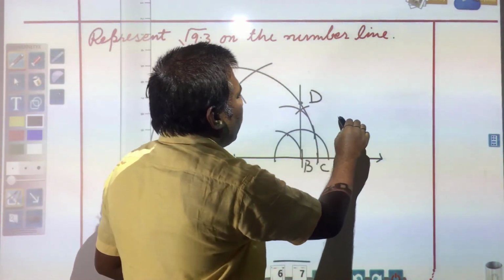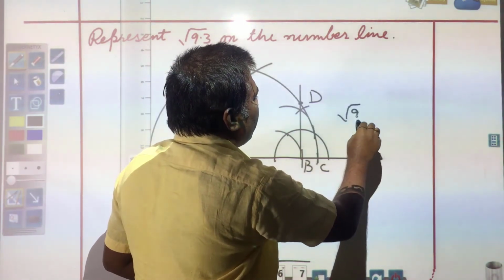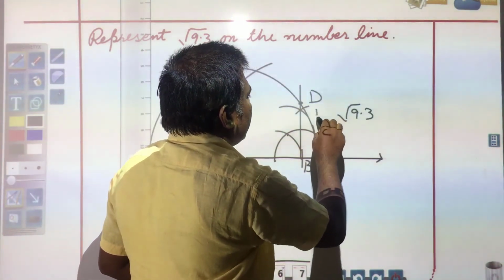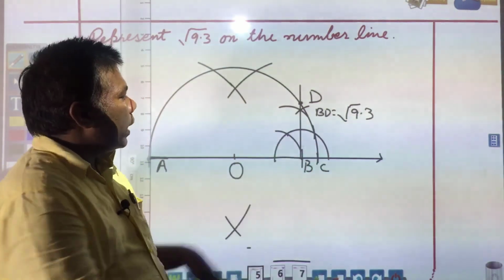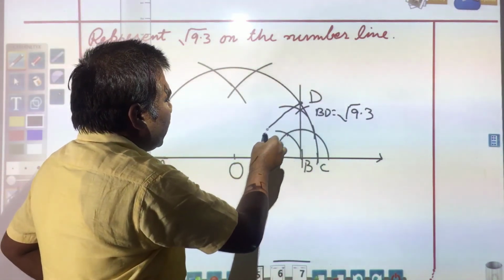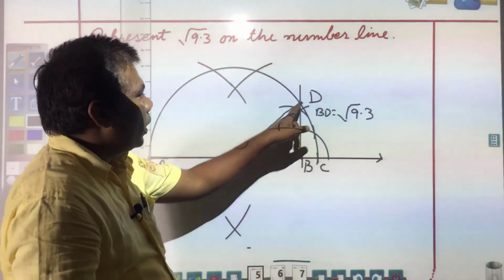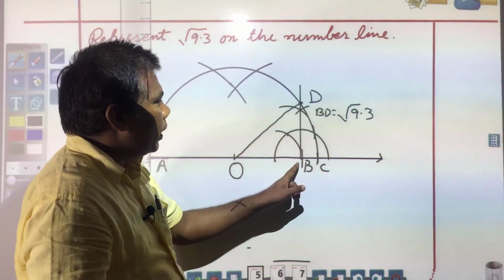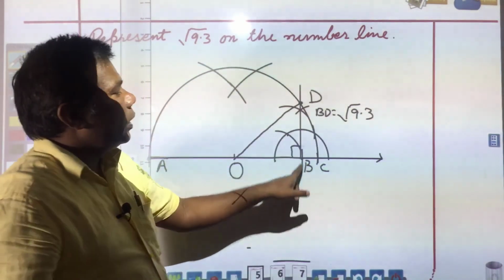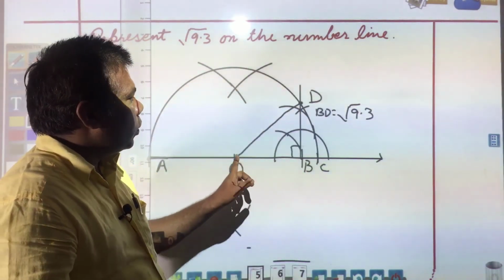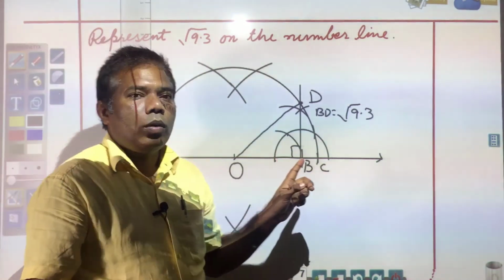This is your under root 9.3. BD is equal to under root 9.3. So, already I made you understand how it will come. If you are joining OD and then you find OB, and by Pythagoras theorem, since this is 90 degree, you need to find out BD square is equal to OD square minus OB square.